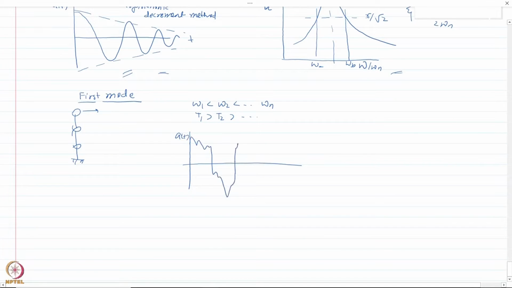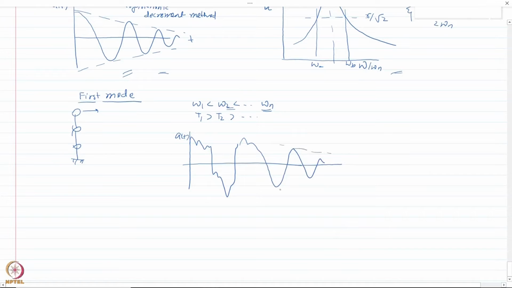But as time progresses, because of the damping, the higher frequency response is damped first. That goes back to the chapter where we discussed that damping actually damps out the higher frequencies first, and the lower frequencies later. So after some time, the response that remains is primarily because of the first mode, or the fundamental mode, for which the frequency is the smallest.